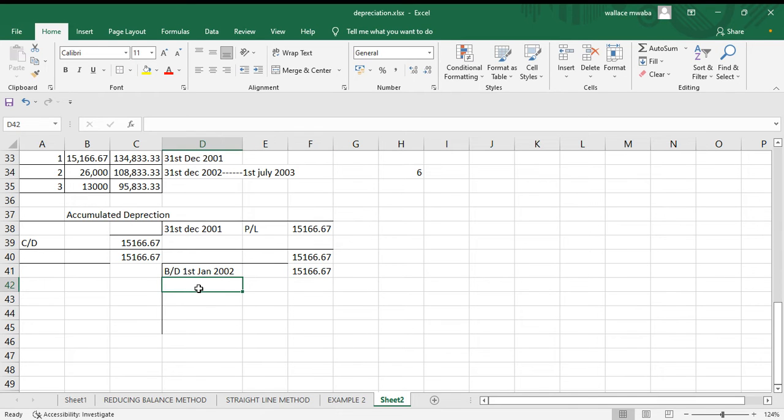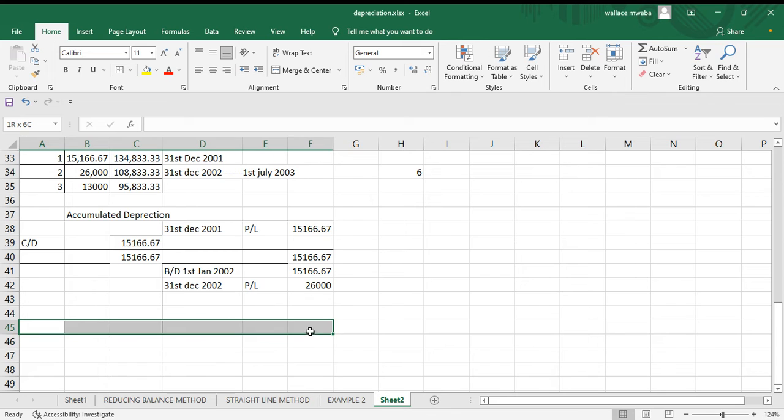Then on the 31st of December 2002, we're going to credit the accumulated depreciation account 26,000, right?